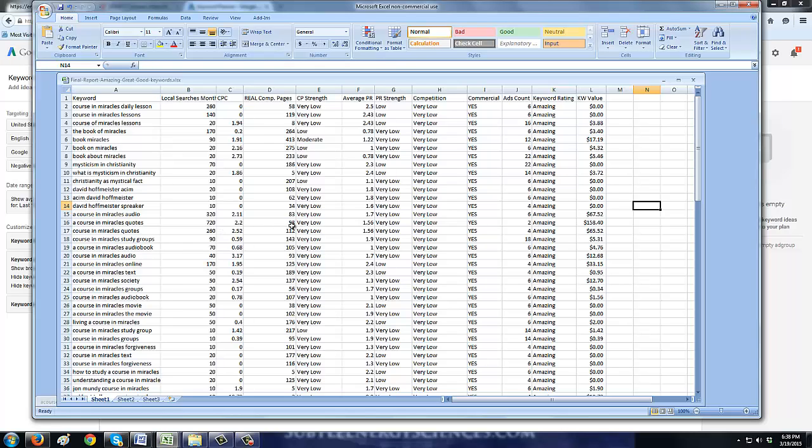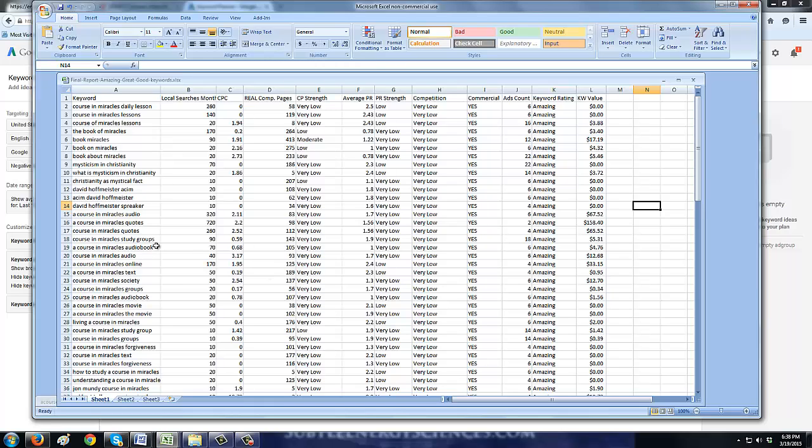Still, there's only 98 competing pages. It's very, very low competition. And where did we go? Quotes. And there's 2 ads.